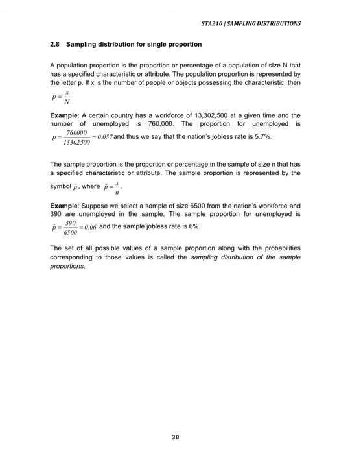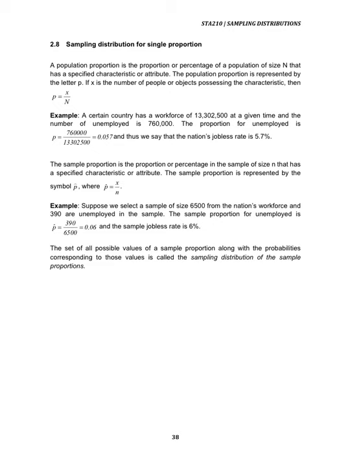Okay, now we will continue into 2.8, sampling distribution for single proportion. Previously we already looked into the sampling distribution for single mean and the difference between two means, right? So what is a proportion? Proportion is the proportion or percentage of a population of size capital N that has a specific characteristic or attribute.